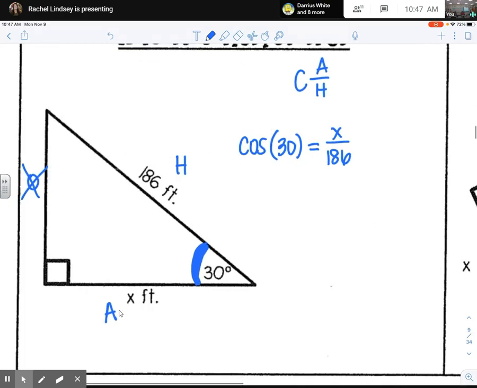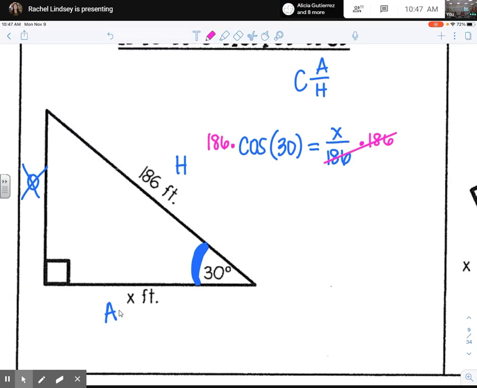We can plug that in the calculator. Step 1, step 2, step 3. You can plug it in the calculator, but first you have to isolate x. So to get x by itself, what do I need to do with that 186? Multiply both sides by 186. So now I can just plug 186 times cosine 30 into the calculator. And you literally just type in 186, hit the cosine key, 30.